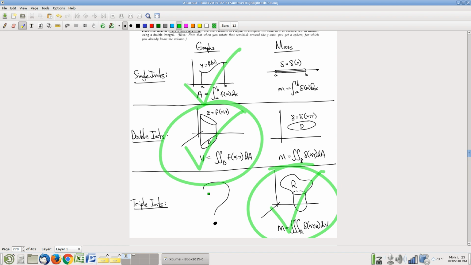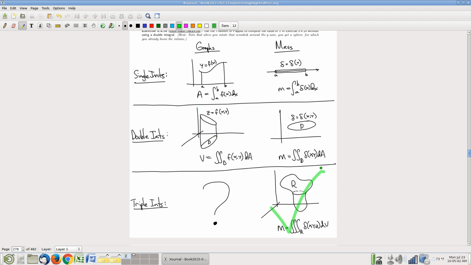So I emphasize, I'm not saying that you can't think about double integrals this way, and I'm not saying you can't think about single variable integrals that way. I'm saying just be very conscious as you think about single variable integrals and double integrals in this way, realize that it's a crutch.